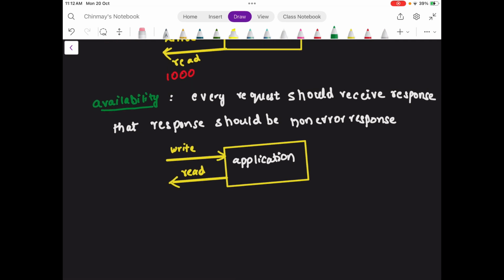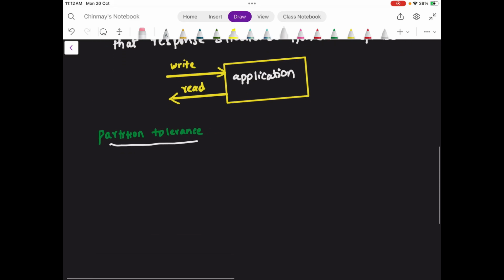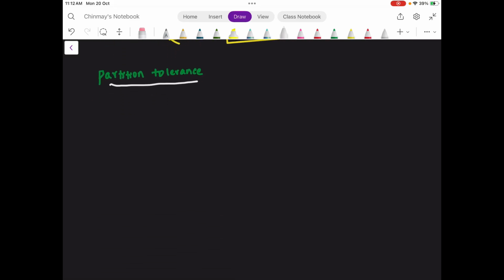Let's discuss partition tolerance. We need to understand this property very clearly. It is really important. For example, you build an application.